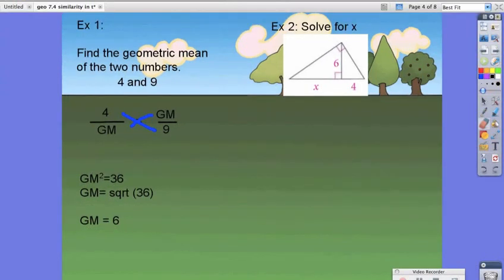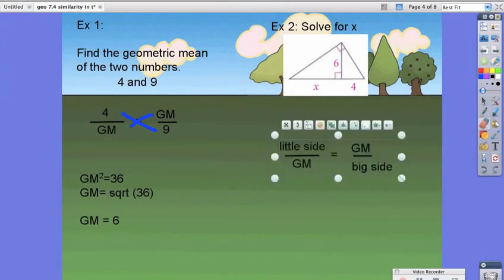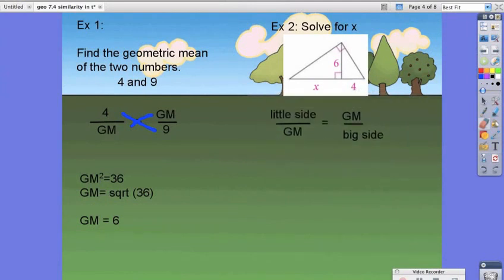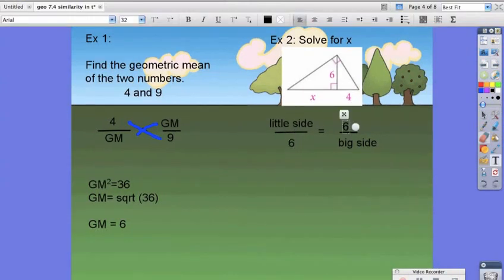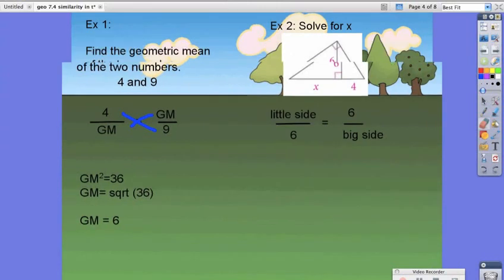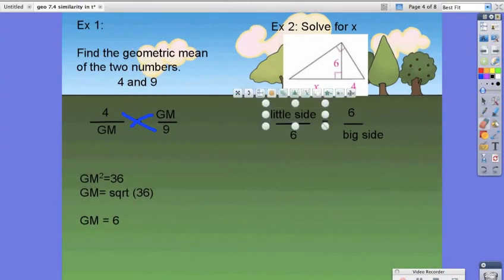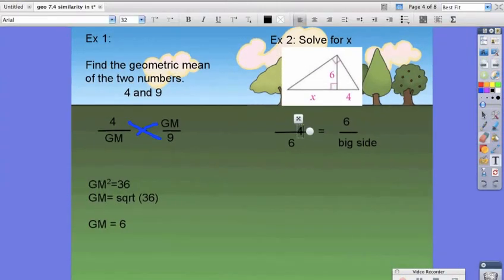Now we're going to do the same exact thing for example 2. Notice that our geometric mean here is going to be 6. So this we already know. So we're just going to fill in the blanks. Now the little side touching 6 is going to be 4.